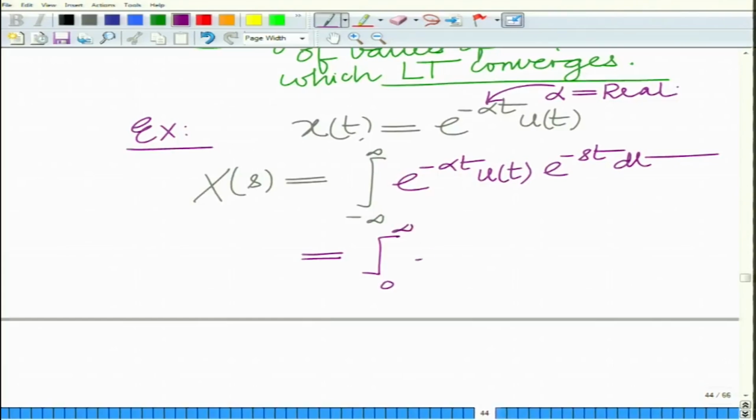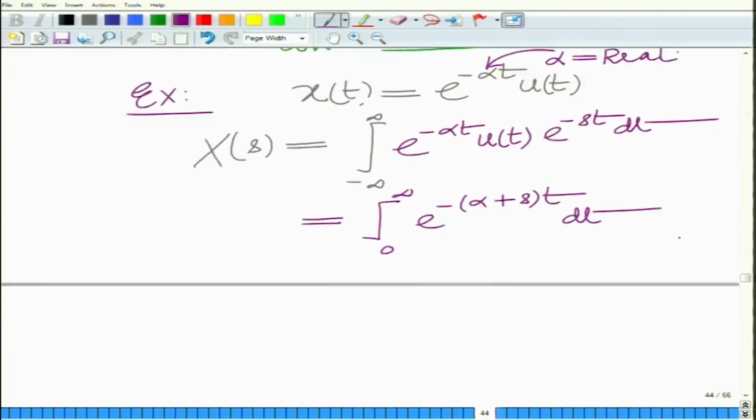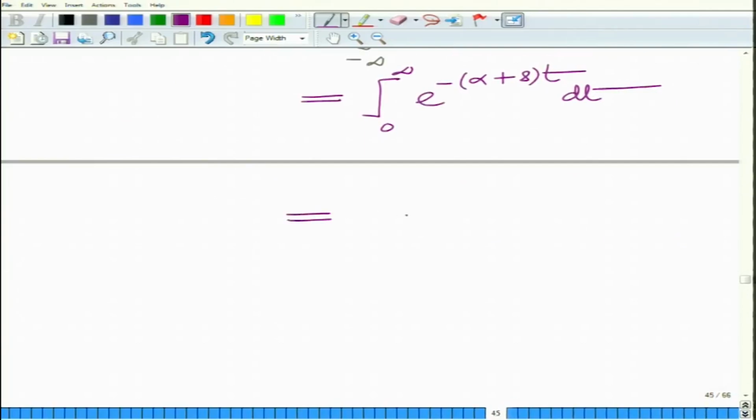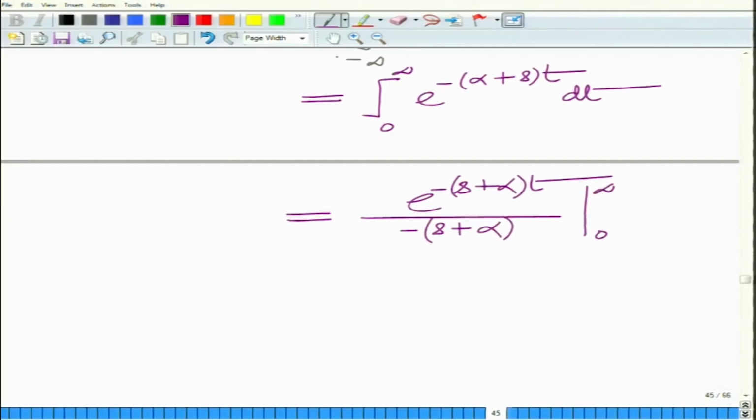So, this integral can be written equivalently as the integral from 0 to infinity of e raised to minus (s plus alpha) t dt, which becomes e raised to minus (s plus alpha) t over minus (s plus alpha) between 0 to infinity. Now, we have to evaluate e raised to minus (s plus alpha) t as t tends to infinity. Now, this becomes 0, but only under a condition on s plus alpha.